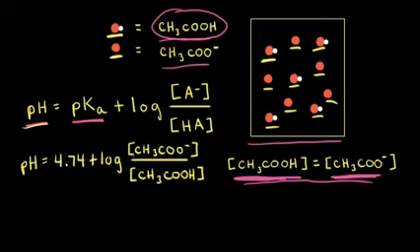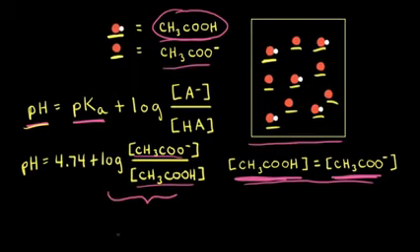Therefore, the concentration of the acetate anion divided by the concentration of acetic acid is just equal to 1. And the log of 1 is equal to 0. So let's go ahead and write that in here. The log of 1 is equal to 0. Therefore, the pH of the buffer solution is equal to 4.74 plus 0, or just 4.74.